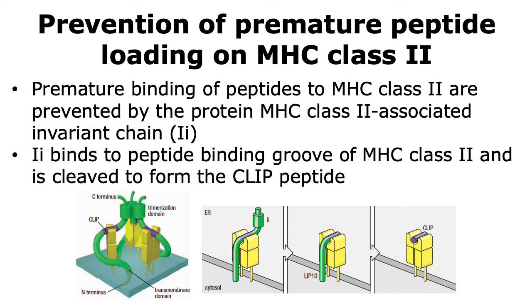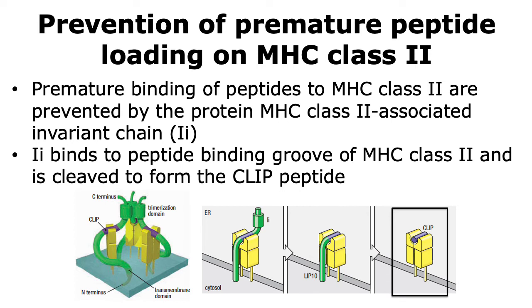Ii is a membrane protein, and that is what we can see in the figure in the black box, where this membrane protein is able to bind to the peptide binding groove of the MHC Class II molecules.